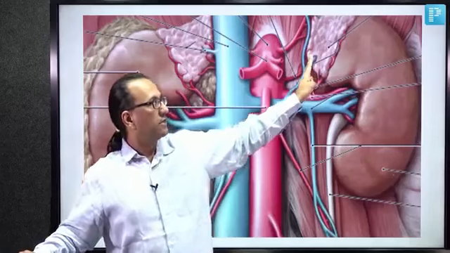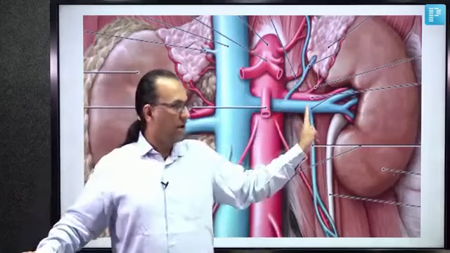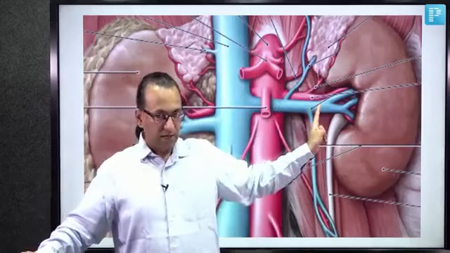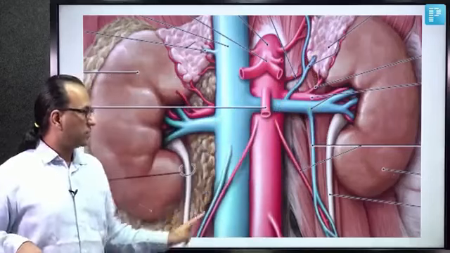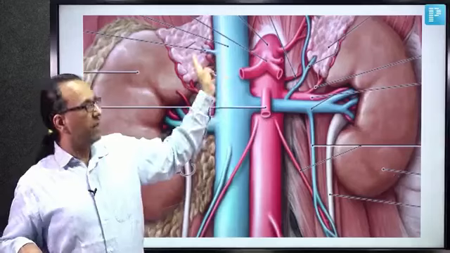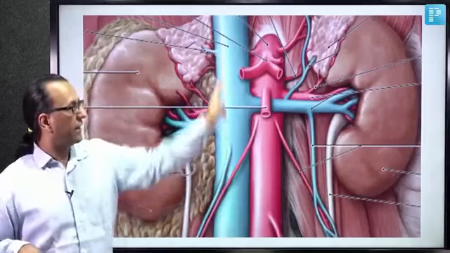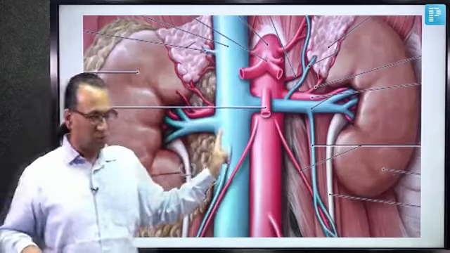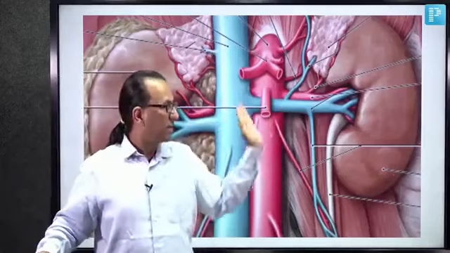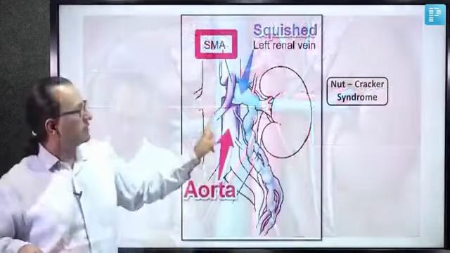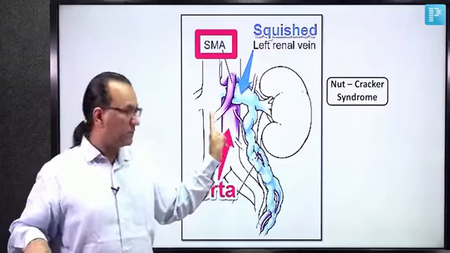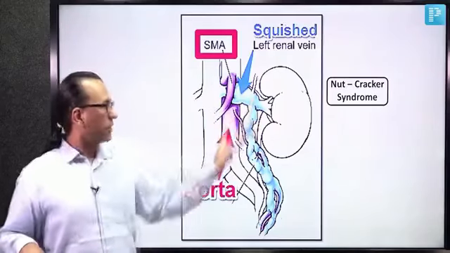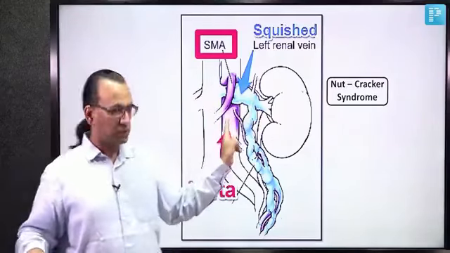As we have learned earlier, the adrenal vein and the gonadal vein drain into the left renal vein on the left side. But as you see, the right gonadal vein or the right adrenal vein drain directly into the inferior vena cava, as the right renal vein is doing. Let me show you the diagram of nutcracker syndrome now. Here you can see the superior mesenteric artery is compressing the left renal vein upon the abdominal aorta, which is on the posterior side.